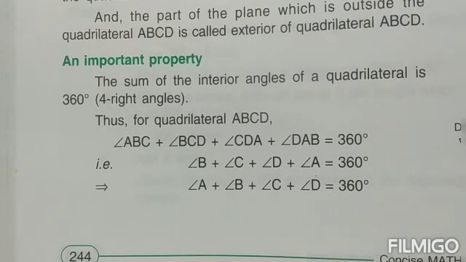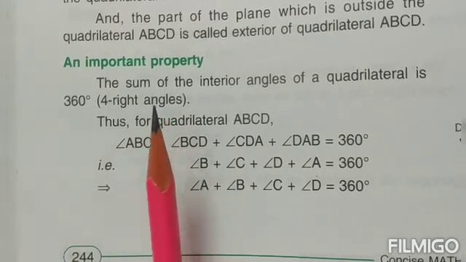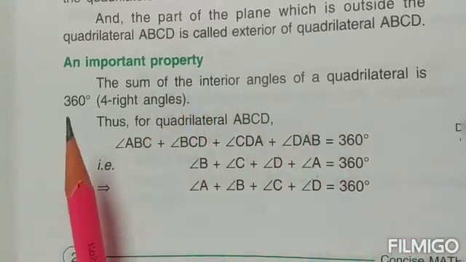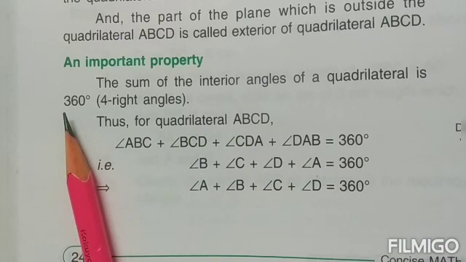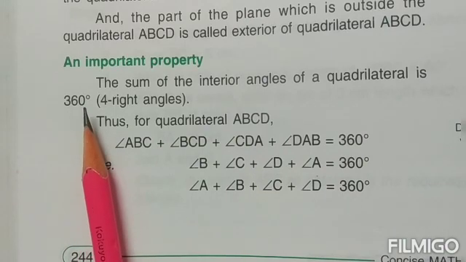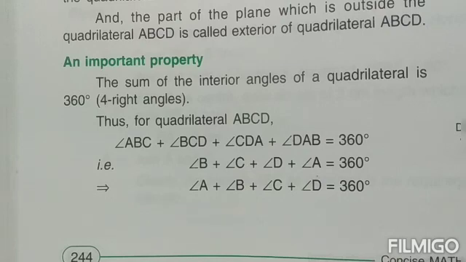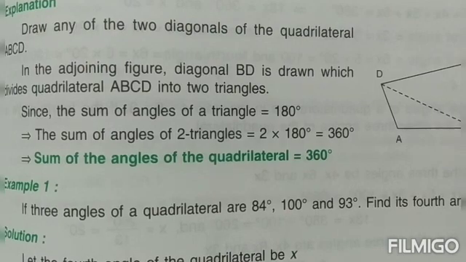Now this property, an important property about the sum of the interior angles, as I told you children right now, the sum of the interior angles of a quadrilateral will be 360 degrees, and this will help you to do the questions that will be coming up for this particular lesson's exercise.